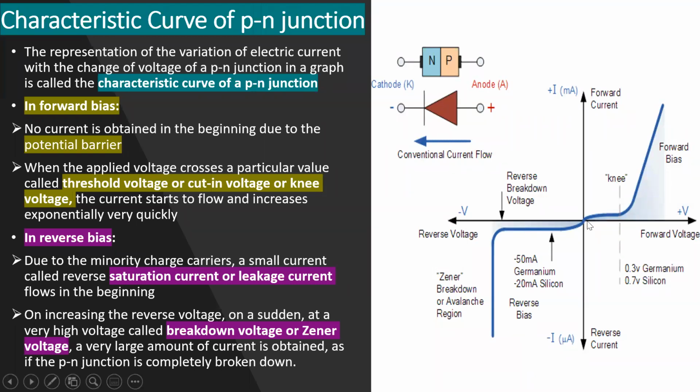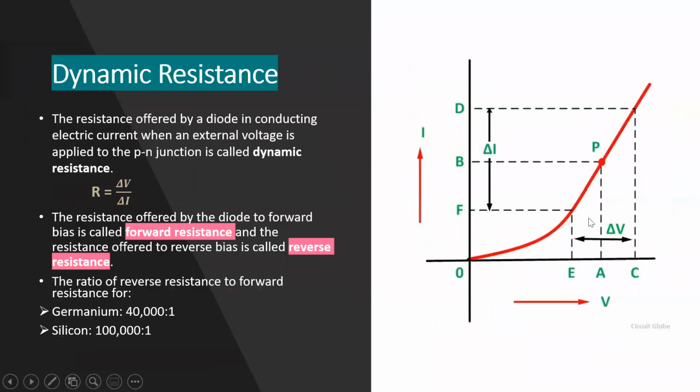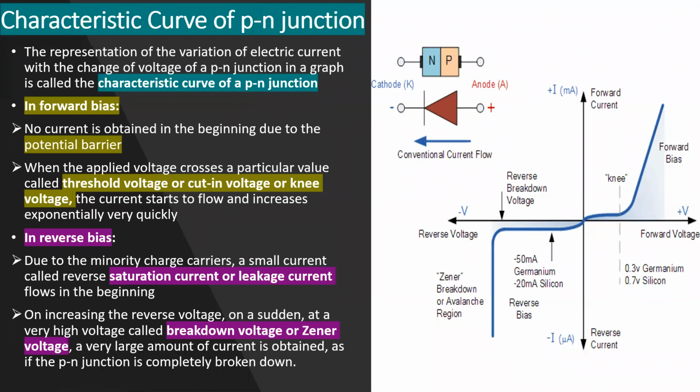Here you can see when we apply a forward voltage, that means when the diode is connected in the forward bias, then the positive terminal is connected to the p-type and the negative terminal is connected to the n-type. And the current will flow in the direction of the arrow mark, that is from p to n. So in the beginning, there is not much current flowing. If the potential applied is very small, there is no current flowing because there is a barrier to the flow of current.